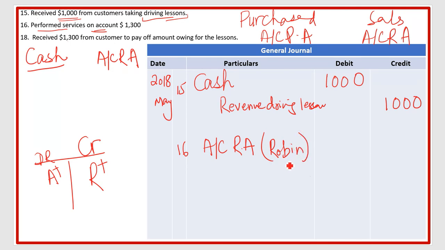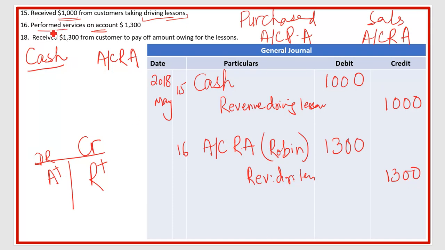Suppose I have provided the driving lessons to Robin. So I will write down accounts receivable, which is an assets account, and assets increase on the debit side. So debit side. And now what is the credit? Same thing: revenue, driving lessons. Whether you have received cash or you will receive it in the near future, in both cases our credit will be revenue, driving lessons of 1300.